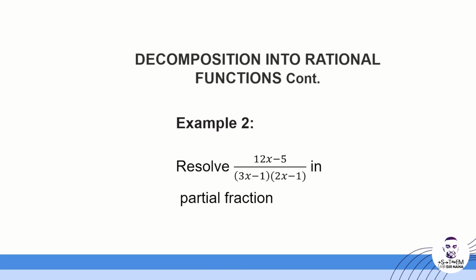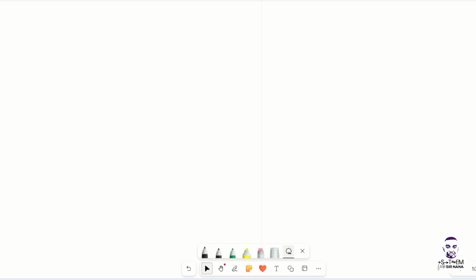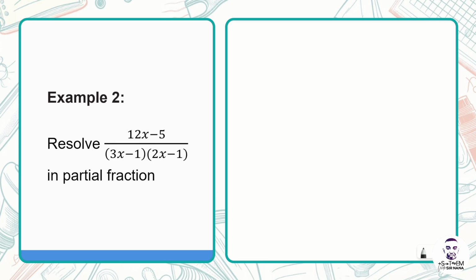Now, let's consider how we can resolve it. The question given to us is 12x minus 5 all over the denominator. We have two factors, 3x minus 1 and 2x minus 1.